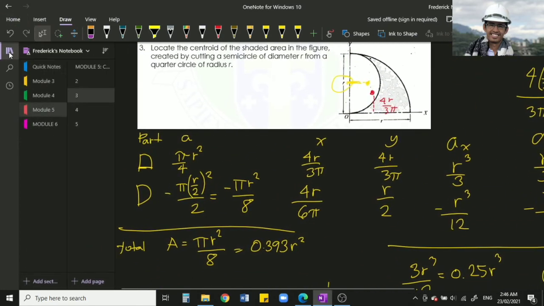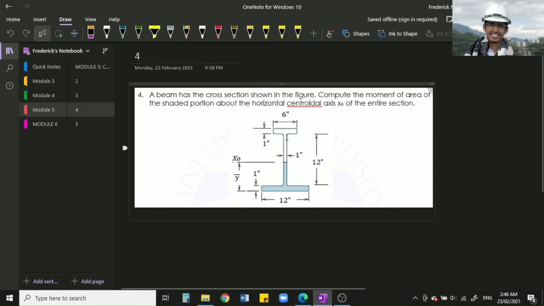So, next example. A beam has the cross-section shown in the figure. Compute the moment of area of the shaded portion about the horizontal centroidal axis XO of the entire section. So we have a cross-section figure here. This is a beam.